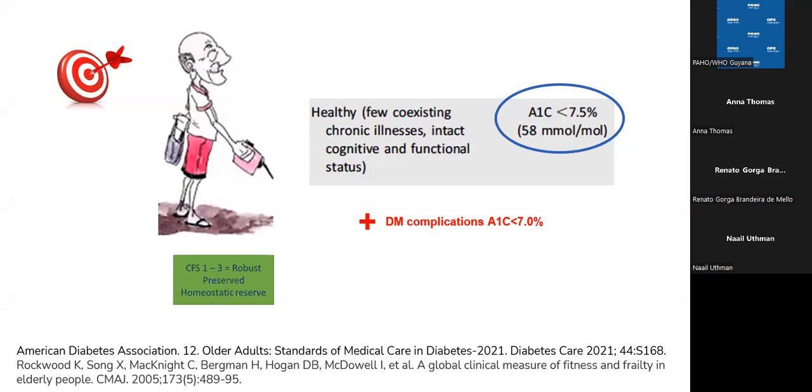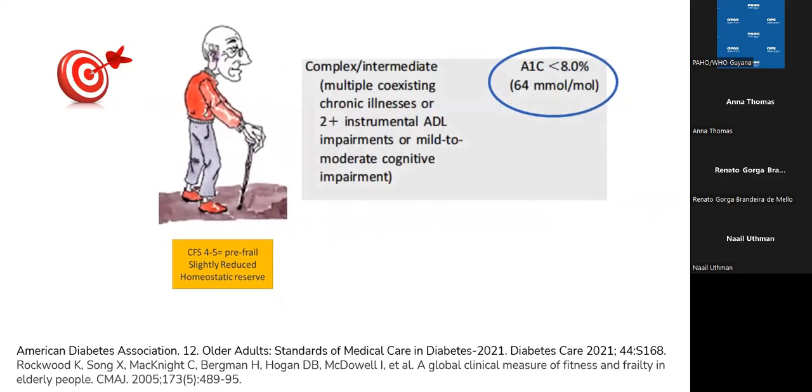You try to reach a glycated hemoglobin less than 7.5% or 7.0%, especially if the patient has diabetes complications.